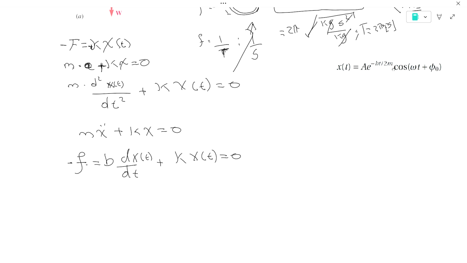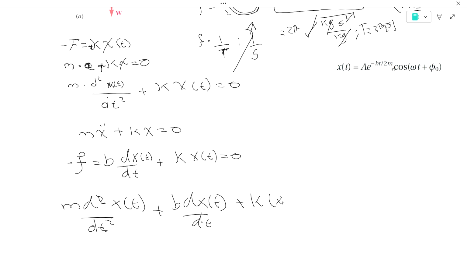So let's do the same thing. Let's bring this to this side, and then it's basically m a, the second derivative of the displacement with respect to time, plus b dx(t)/dt, plus k times x(t).